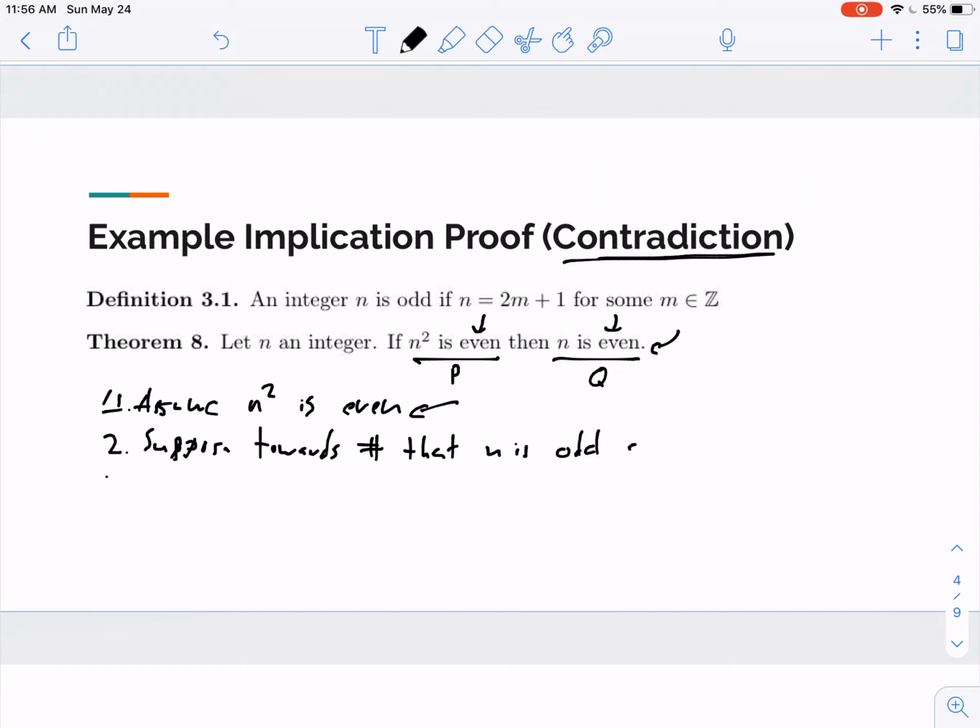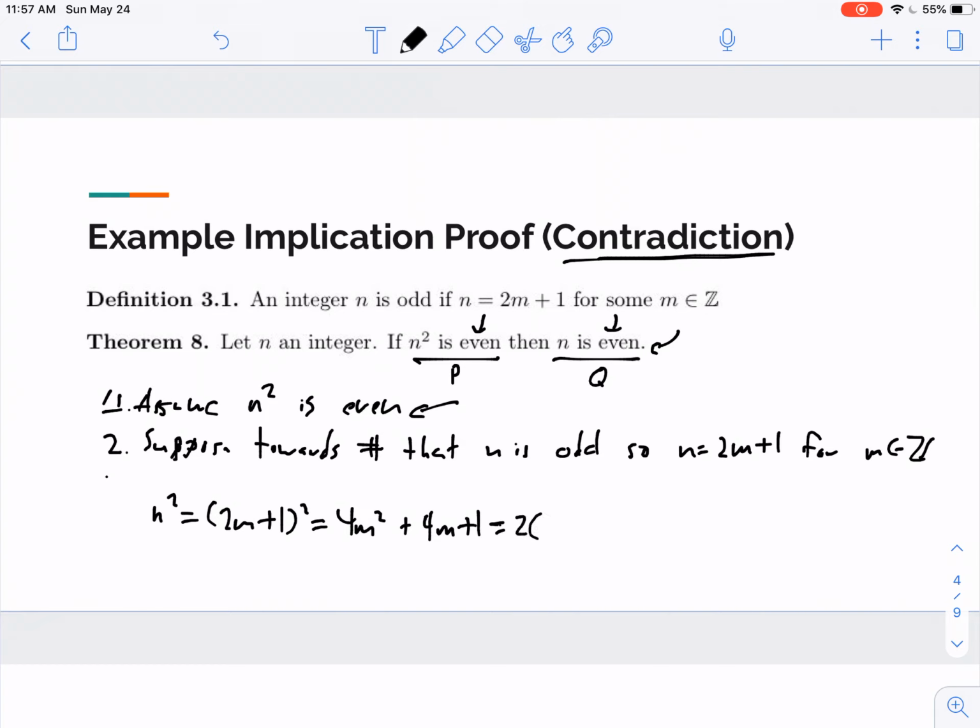Then by definition, we can write n as equal to 2m plus 1 for m an integer. And then that means that we can write n squared as equal to (2m plus 1) squared, which is equal to 4m squared plus 4m plus 1, which we can rewrite as 2 times (2m squared plus 2m) plus 1.